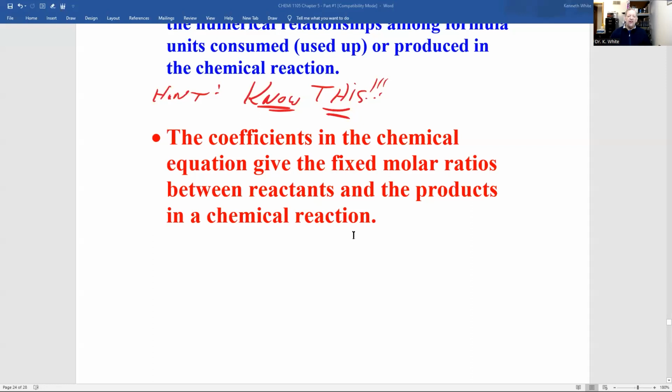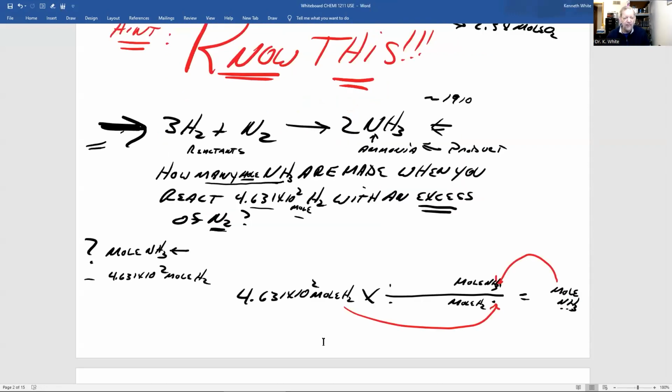Remember, the coefficients in a chemical equation give the fixed molar ratios, number of moles, between reactants and products in a chemical equation or reaction. So if we look up here, this tells me 3 moles of hydrogen react with 1 mole of nitrogen to make 2 moles of ammonia.